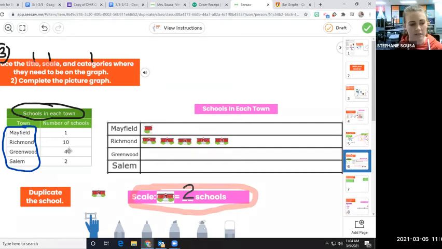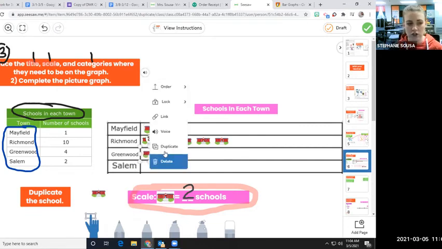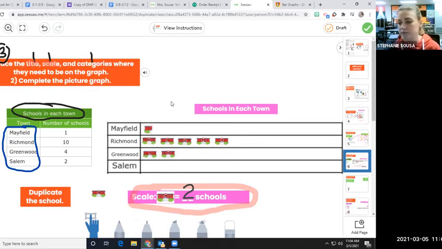All right, let's take a look at Greenwood. Greenwood, according to our frequency table, has 4 schools. I'm going to count by 2s. 2, 4. So I need 2 pictures in the Greenwood section to represent the 4 schools.